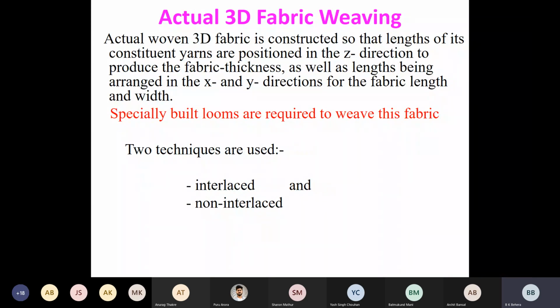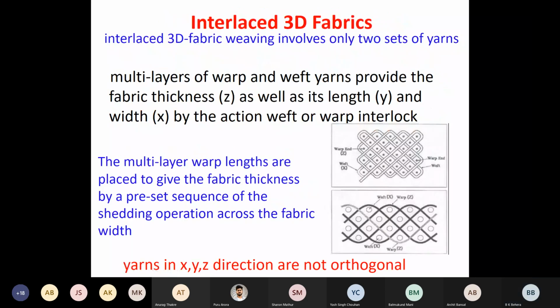We are talking today only about solid structure, multilayer fabric. So in this, you will find two things: interlaced 3D fabric or non-interlaced 3D fabric. So let us now have a look at what is interlaced 3D fabric and what is non-interlaced 3D fabric. This is interlaced 3D fabric.